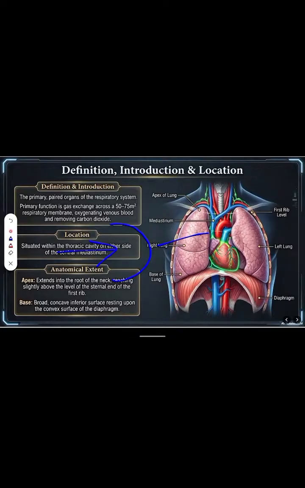So when we say it rests on the convex diaphragm, take a look at the diaphragm. When I view it from this direction, it is convex. The concave base of the lungs rests on the convex surface of the diaphragm. Or you can just say the base of the lung is broad and it rests on the surface of the diaphragm. So it's all accepted.